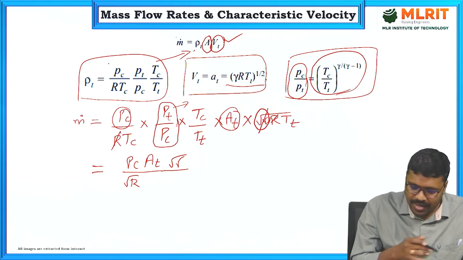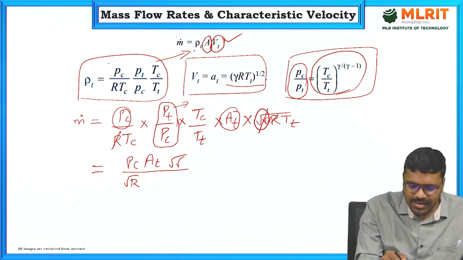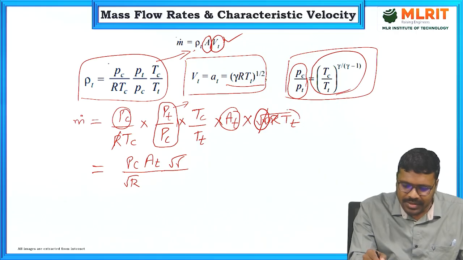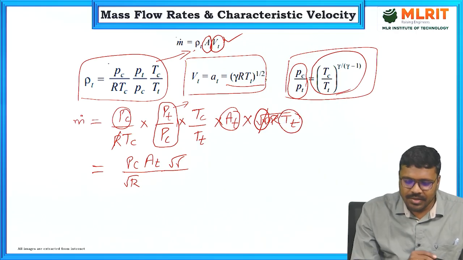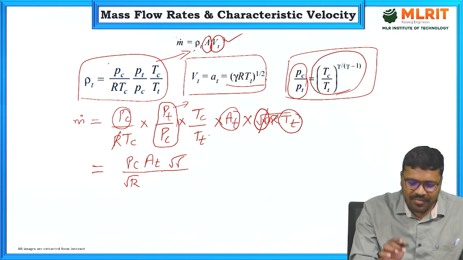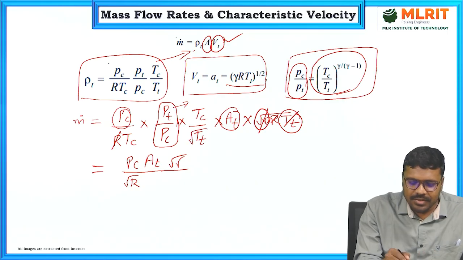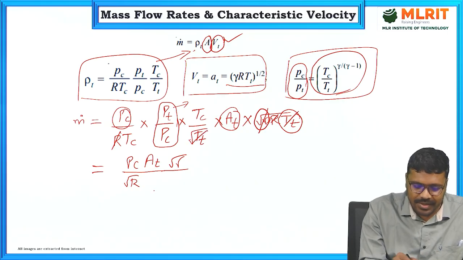Next, Tc by Tt, and one more term is there, under root Tt. If I cut this under root Tt with respect to this, then it will become under root Tt. So I want to write this under root Tt here.